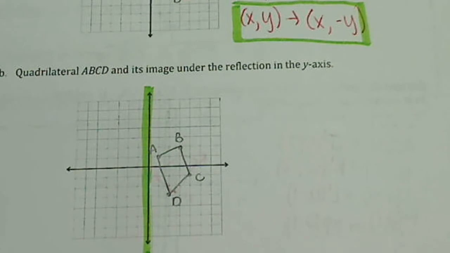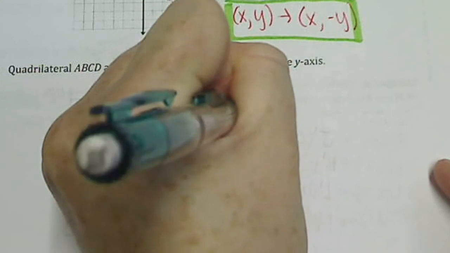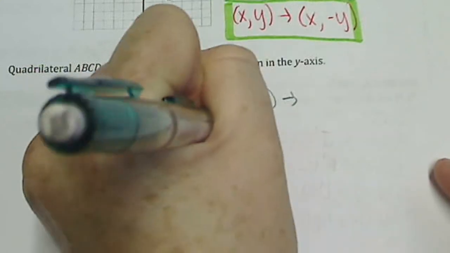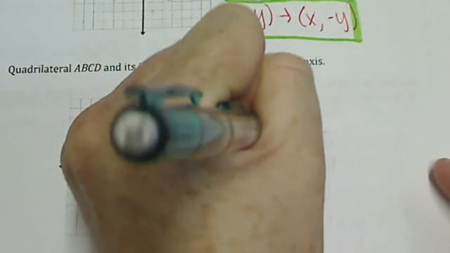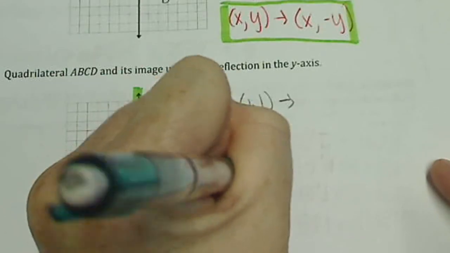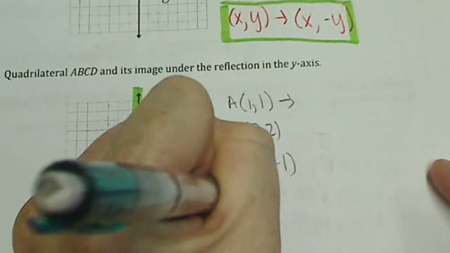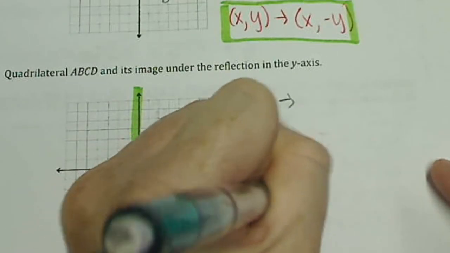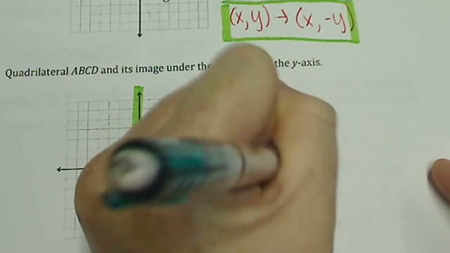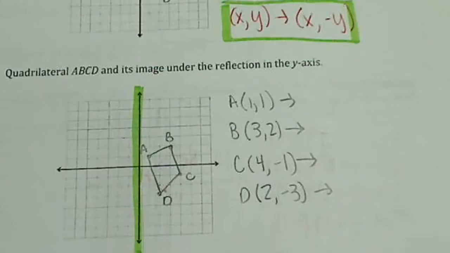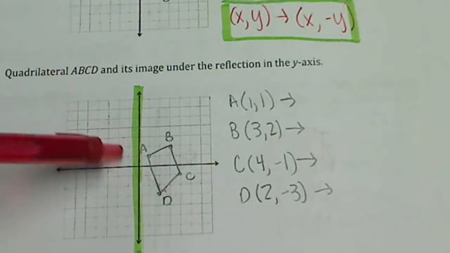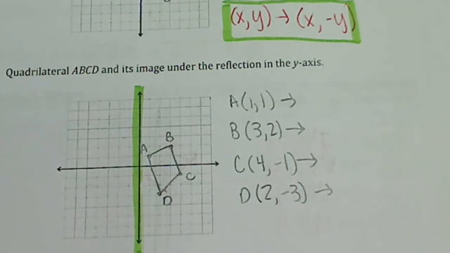There's my mirror. Again, let's write down our points. A is 1, 1. B, 3, 2. C, 4, -1. And D, 2, -3. Let's see what happens this time. My image will be somewhere over here.